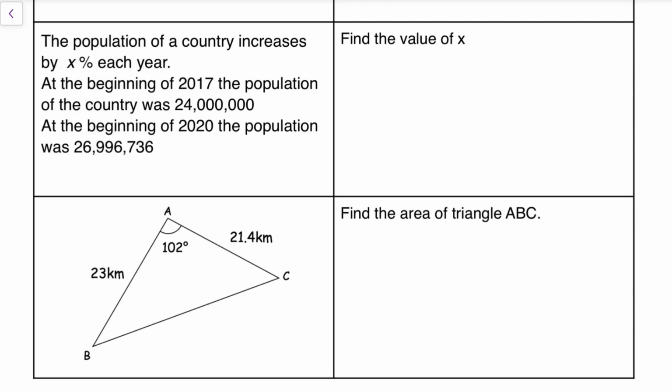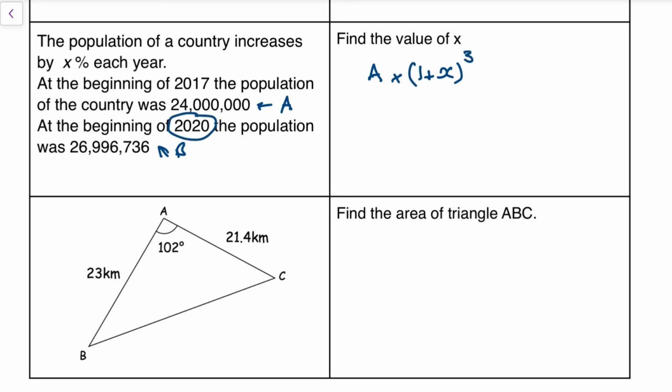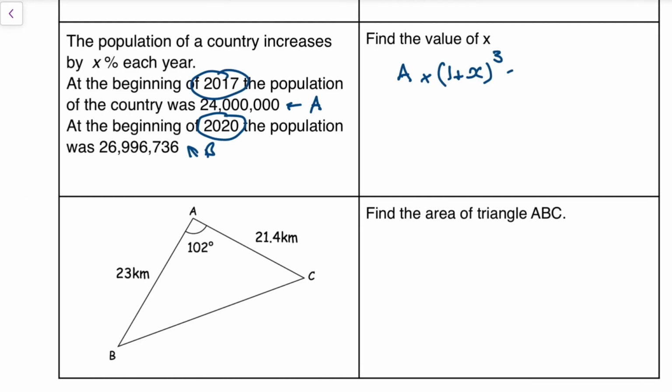I'm not going to write these numbers out because it's tedious, so I'm going to call this one A and this one B. So A times (1 plus x), because x is already a percentage, to the power of 3, because it's 3 years between 2017 and 2020, is equal to B, which means (1 plus x) cubed is equal to B over A, which means 1 plus x is equal to the cube root of B over A. That was a long-winded way of saying, let's find the multiplier and cube root it.